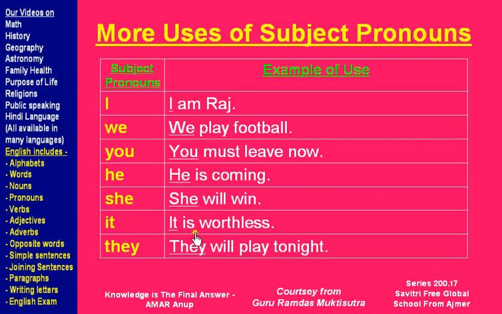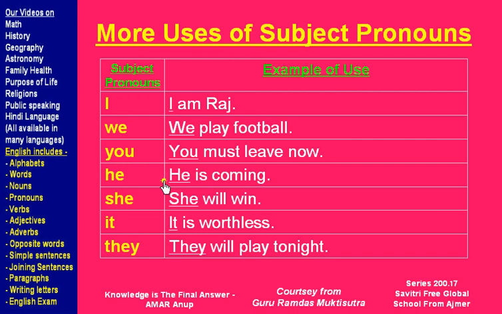Again, it is obvious that these pronouns that are underlined are the subjects. So play is the verb, football is the object, and we is the subject. Is the verb, a form of the word to be. Coming is the object, and who is coming?